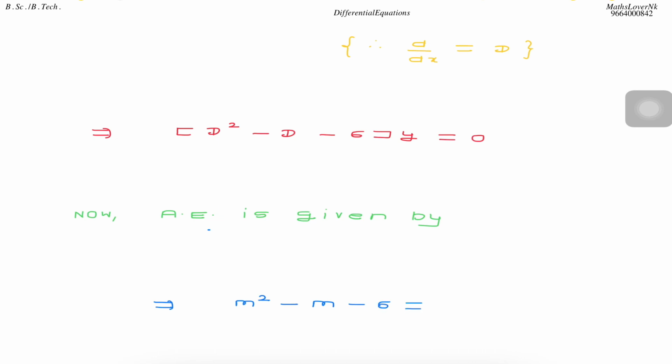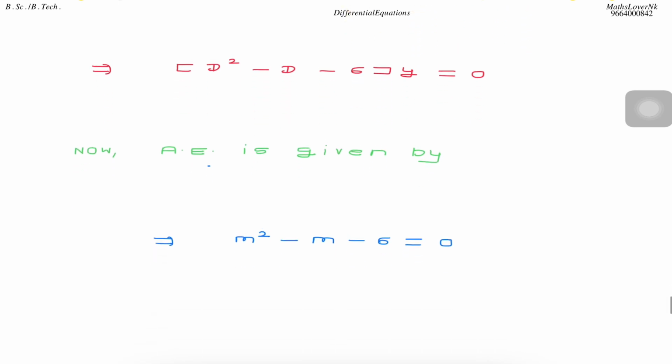It is a quadratic equation, and the quadratic equation can be solved by the squaring method, the quadratic formula, or splitting of the middle term. It is an easy way.